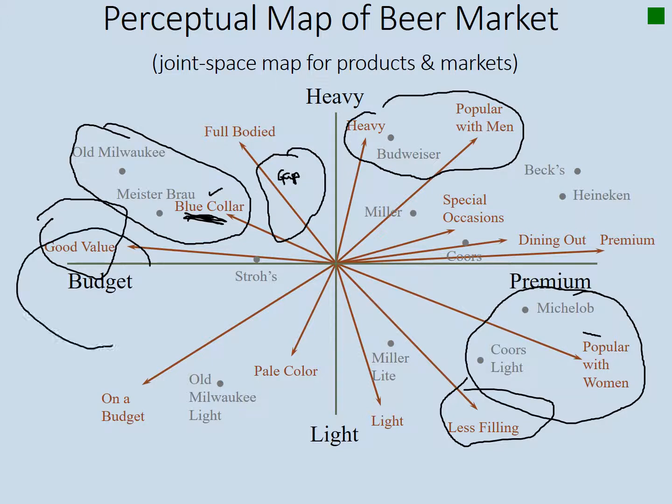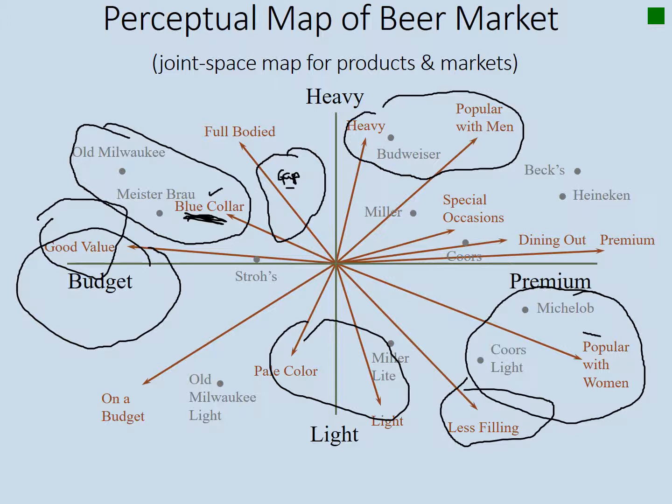Or maybe there's a gap here, and I could take these good value type of customers. I might be able to focus on them, or find a gap in here or something along those lines. So I either look for gaps or I look for competitive environments where I will be able to take market share away from those products that are already in that area.